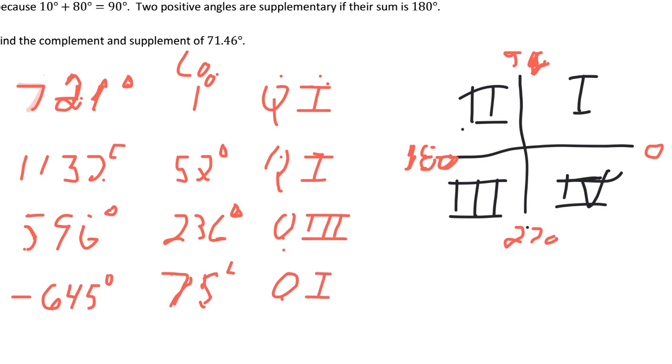We'll try one more here. Say 641 degrees. Subtract 360, it's 281. That's my coterminal angle. So it's in quadrant 4.